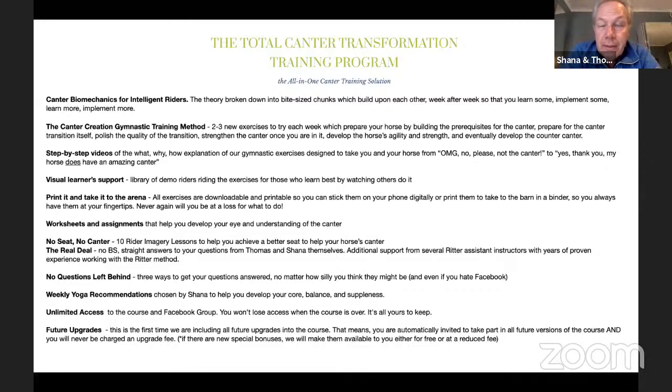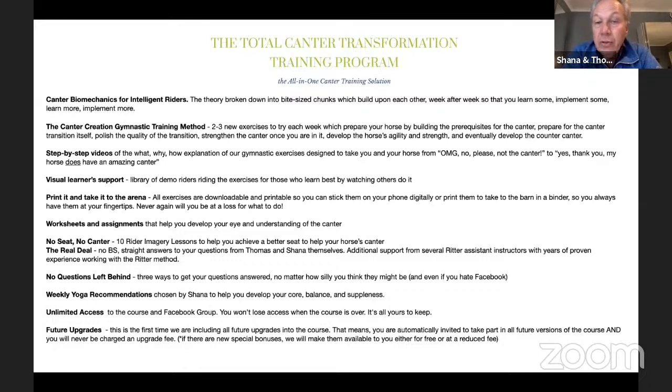The theory helps you implement the practical exercises. The practical exercises reinforce the theory and test the theory, so to speak. Then we have this Canter Creation gymnastic training method, so several exercises each week to try.